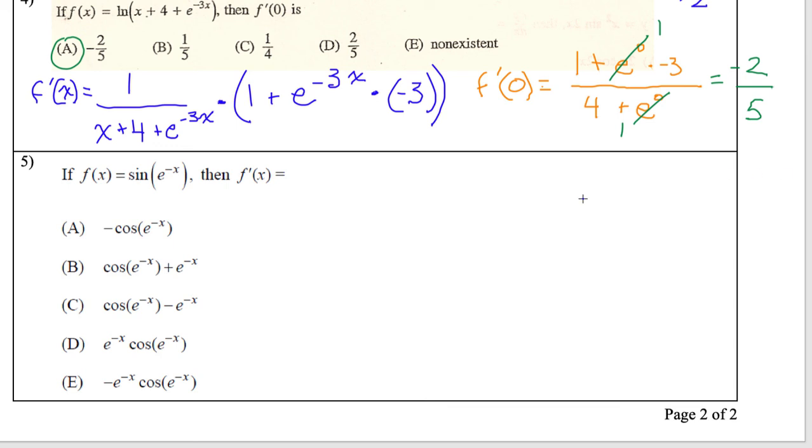All right. So if I come back here to number 5, we're doing f of x. So f prime of x, we don't even have to plug in anything. The derivative of sine is cosine. Is it positive or negative? S stands for same sign. It is positive. So cosine, still have the same inner, e to the negative x. Don't forget your dinner. So I'm going to multiply this by dinner. The derivative of e to the negative x is e to the negative x.